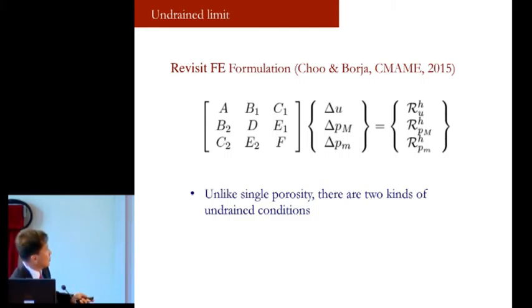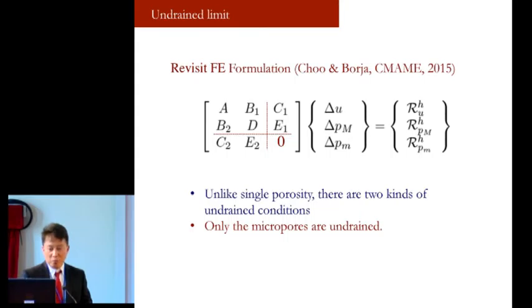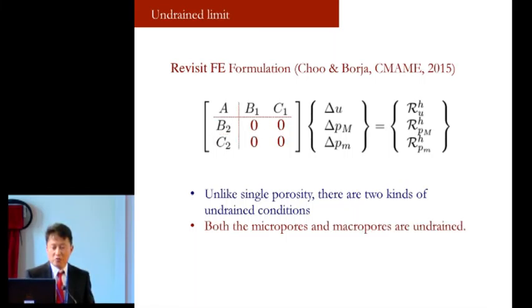Unlike single porosity, there are two kinds of undrained condition. We can only have micropores being undrained, and if that is the case, then one submatrix in the 3x3 block matrix would be equal to 0. Or we could have both the micropores and macropores being undrained. In that case, then we have a larger block being equal to 0.